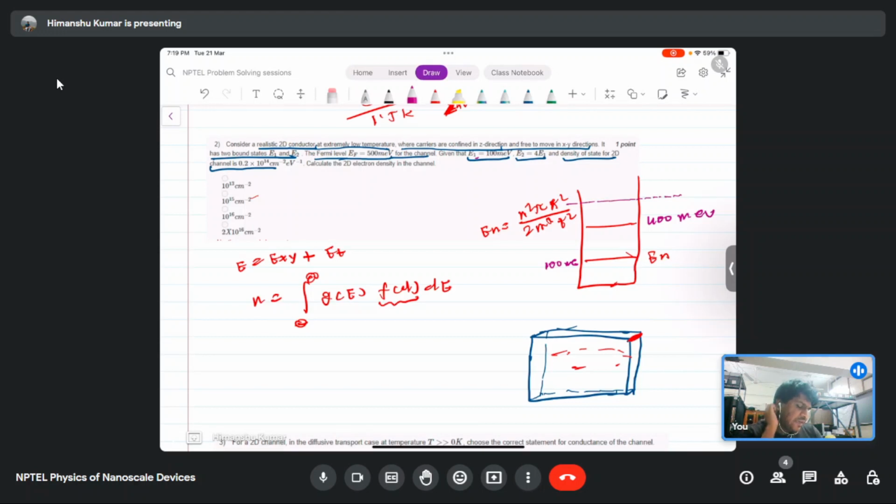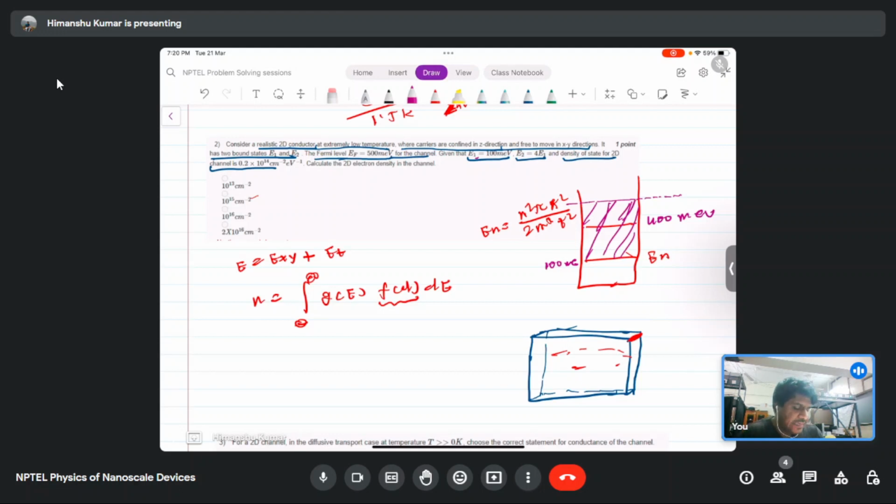To calculate this, we need to calculate this area plus this area. Since there are two levels below the Fermi level that are bound, we need to calculate the area between those two levels.